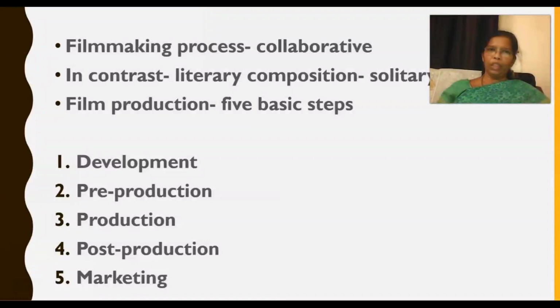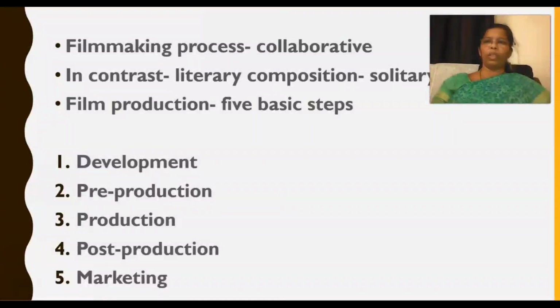A film as such, in isolation, is produced in these stages. So we need to understand these basics before we adapt a novel into a film also. We need to discuss all these things. So let us go one by one.